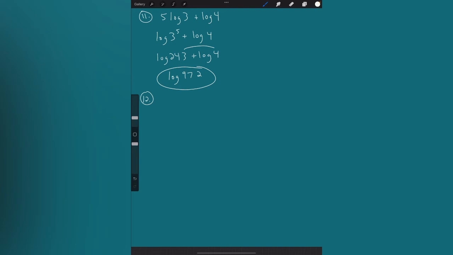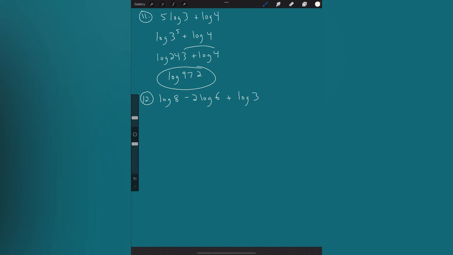Number 12 says log 8 minus 2 log 6 plus log 3. So we want to move from left to right here.